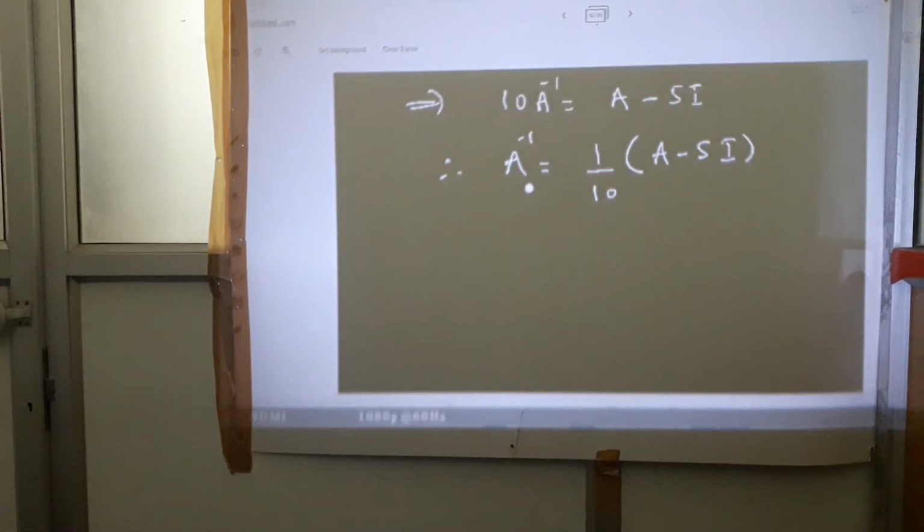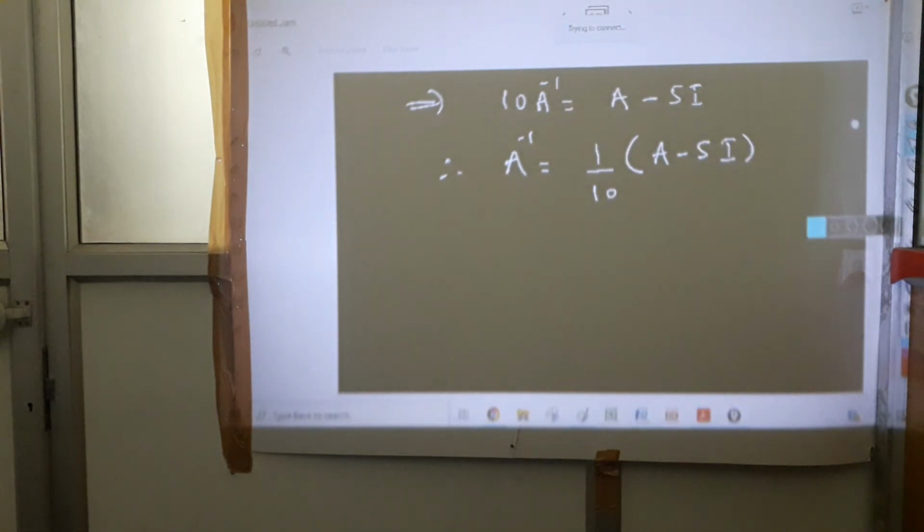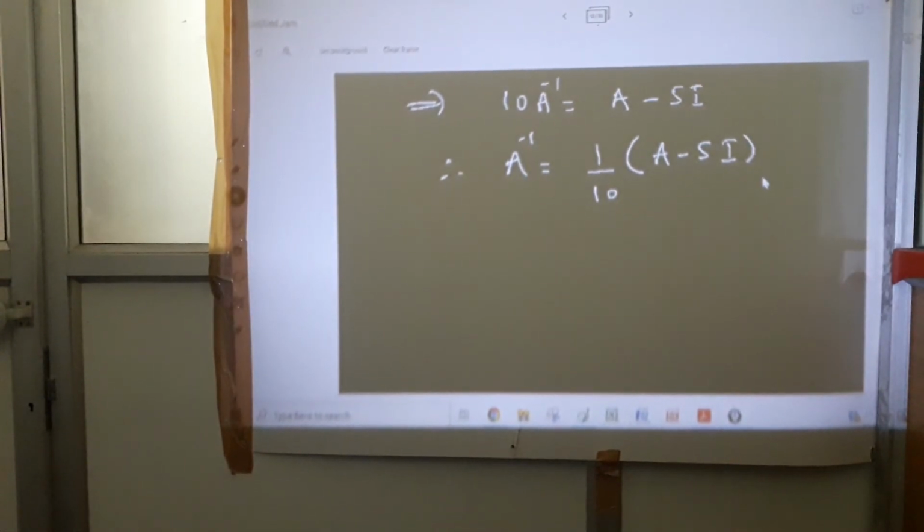So the value of A inverse will be in this way. So in this way we will be able to calculate A inverse if it exists.